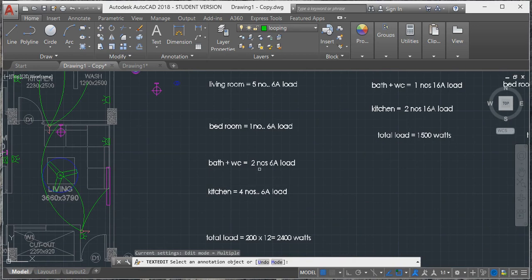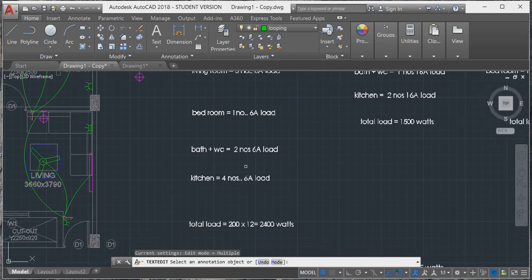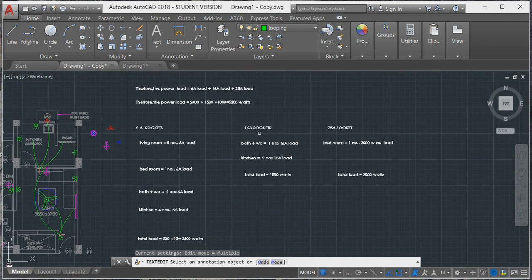Already I have discussed in the previous class why we are using the 6 amp load. Now the kitchen has 4 number of 6 amp load, then the total load will be 12 6 amp sockets. For each 6 amp socket, as per the standard, I am giving 200 watts. 200 times 12, we will get 2400 watts.